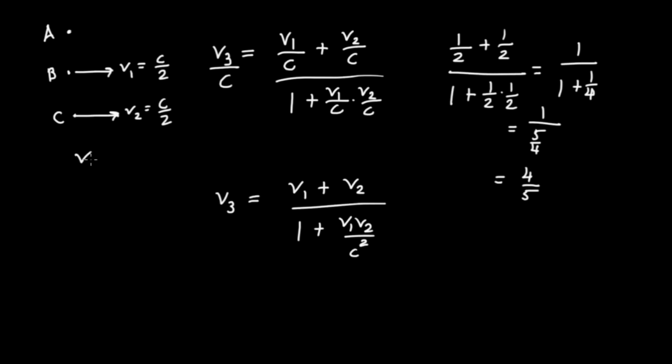So that means that v3 is actually 0.8 times the speed of light, not 1 times the speed of light. So hopefully you can see that when you add velocities, the actual answer is a bit less than the naive answer, which is just a sum of the two velocities. And that's because of this correction factor down here in the denominator.